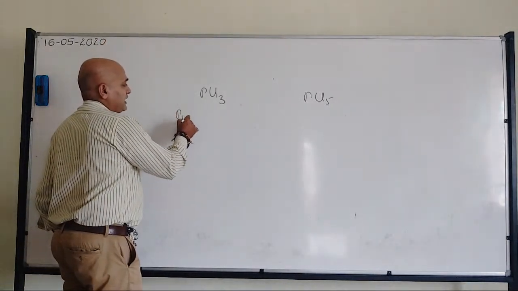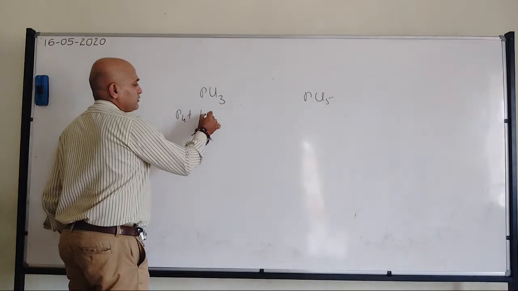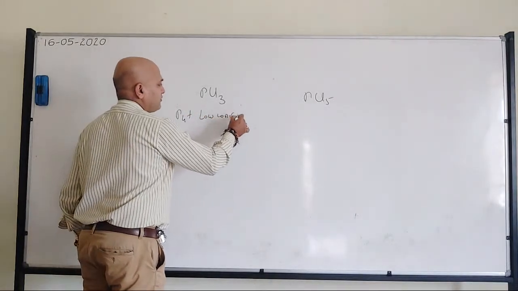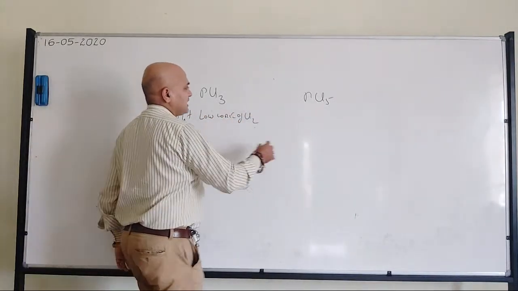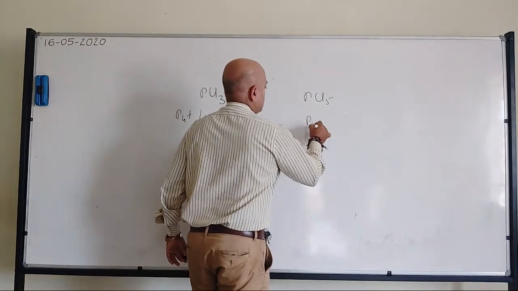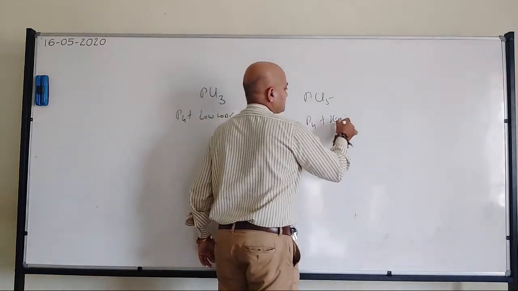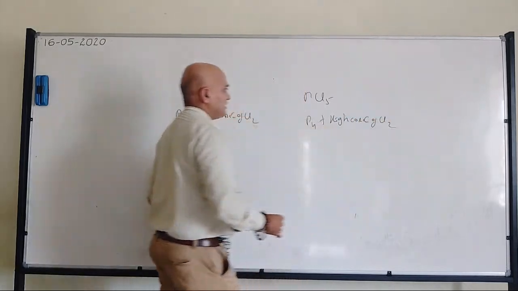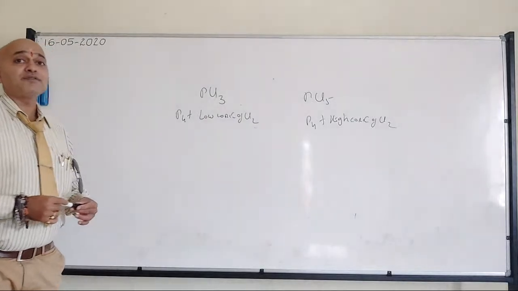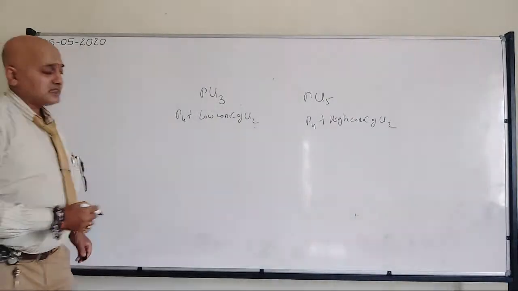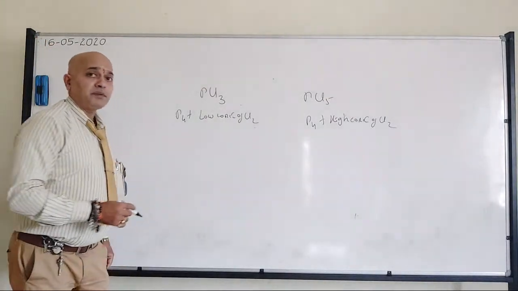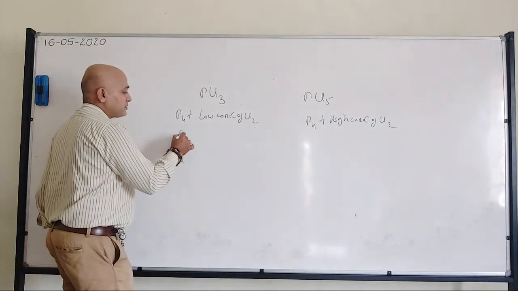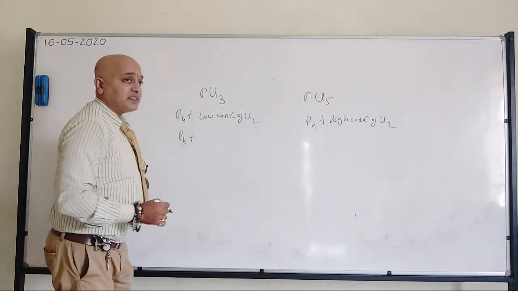So white phosphorus with low concentration of chlorine gives PCl3. And P4 with high concentration of chlorine will give rise to PCl5. Right? Same way, another method for preparation is white phosphorus when treated with anyone.